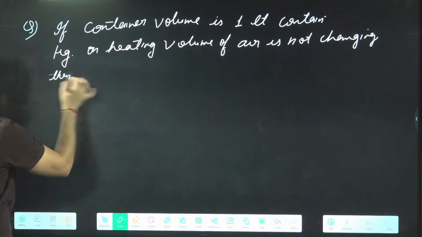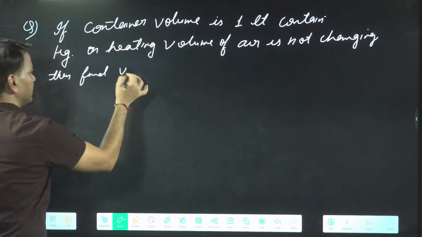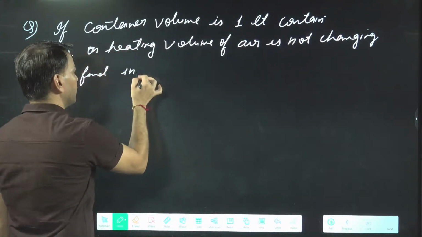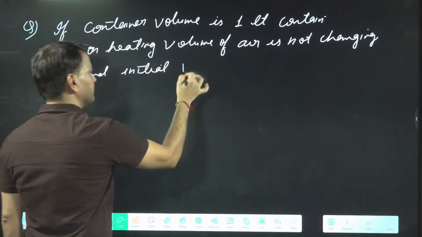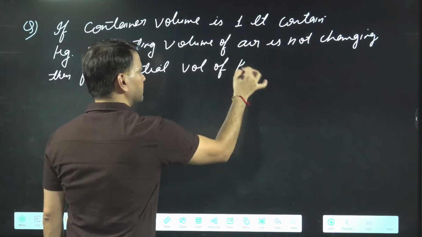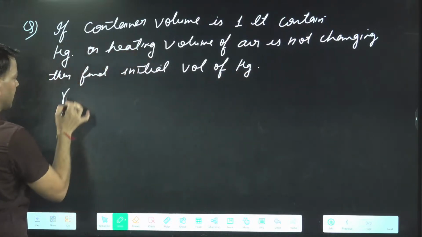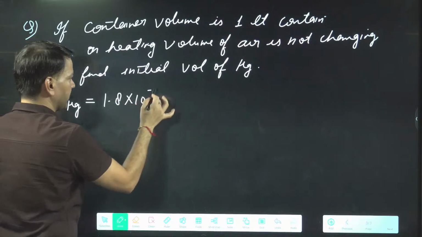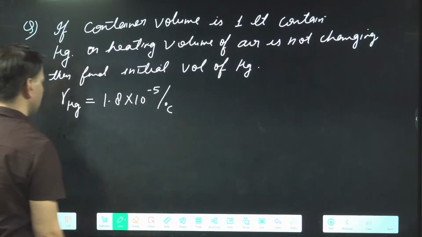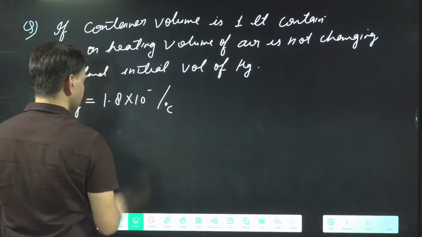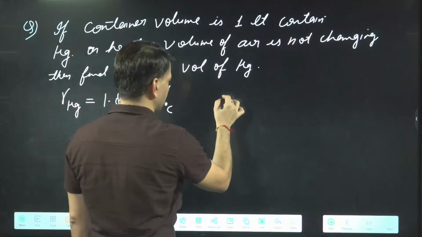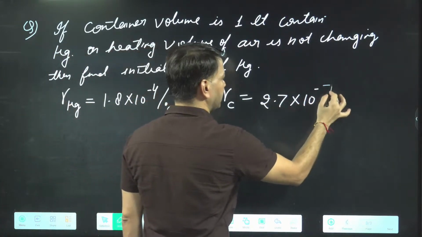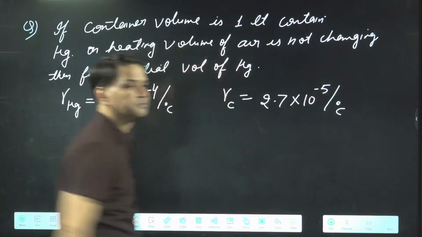Then find the initial volume of mercury. If gamma of mercury is 1.8 into 10 to the power minus 4 per degree C, and gamma of the container is 2.7 into 10 to the power minus 5 per degree C.